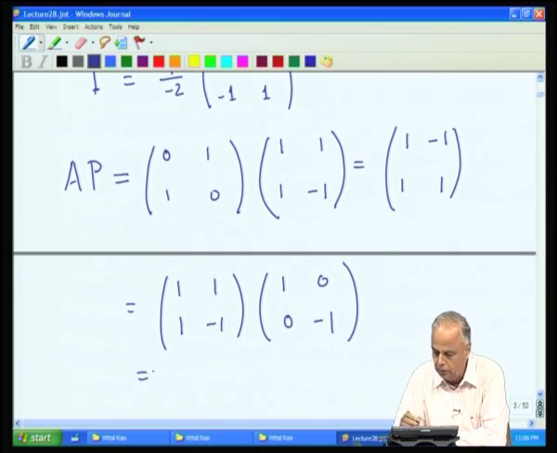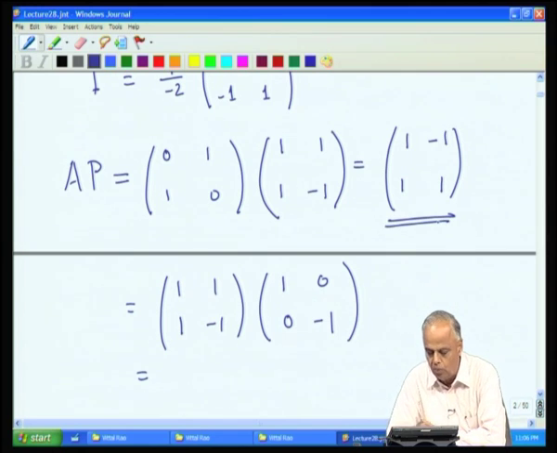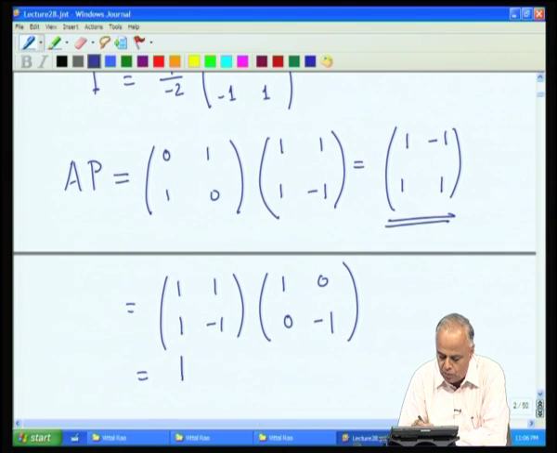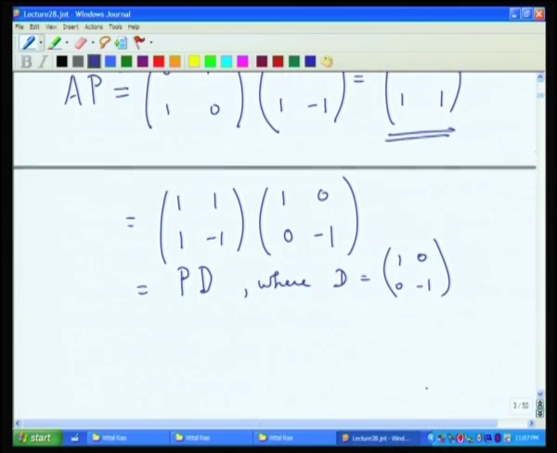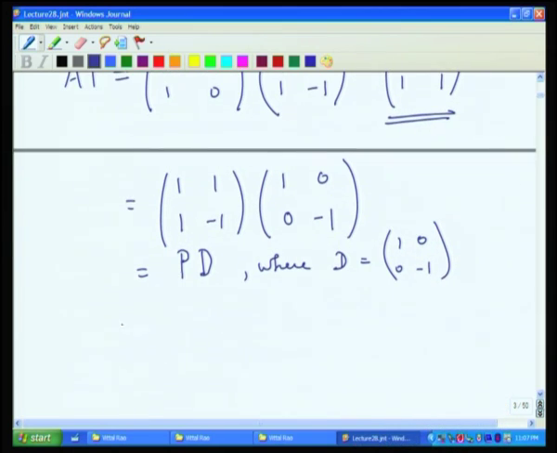It is easy to check that when you take the product of these two matrices you get this matrix. But 1 1 1 minus 1 was P, and we will call this diagonal matrix D, where D is the diagonal matrix 1 0 0 minus 1. And since P was invertible, taking the P to the other side, we get P inverse A P equals D, a diagonal matrix.